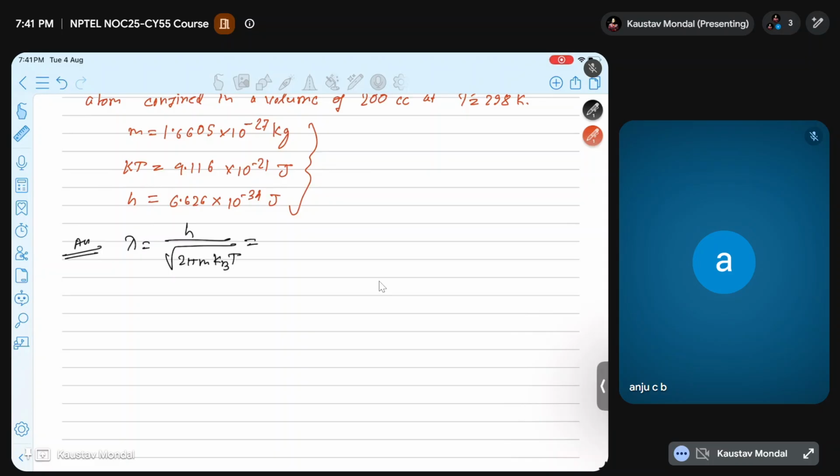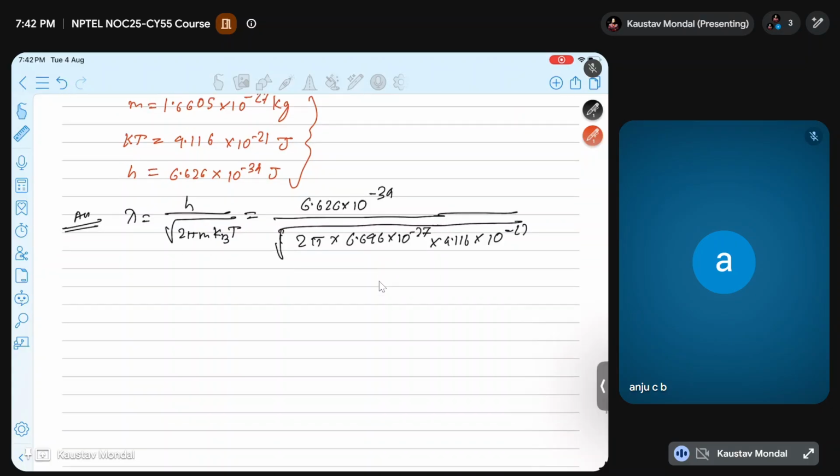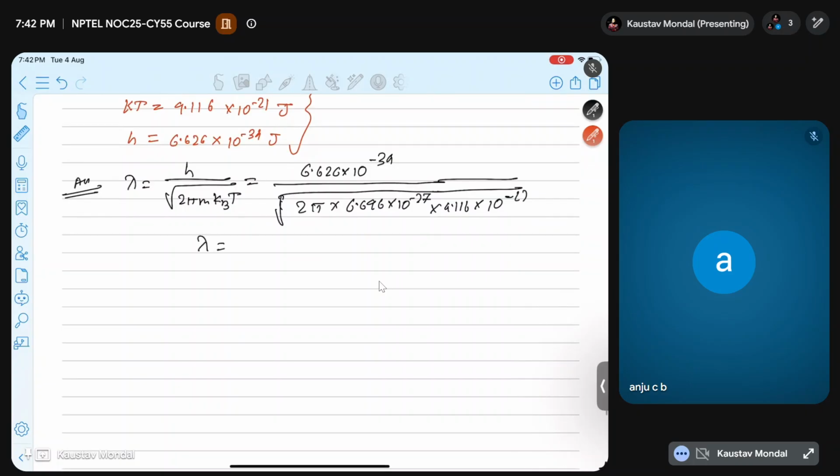So h is 6.626 into 10 to the power minus 34 divided by 2 pi into 6.646 into 10 to the minus 27 into 4.116 into 10 to the power minus 21. Now if you calculate lambda from the given information, you will get around 6.91 into 10 to the power minus 11 meter.